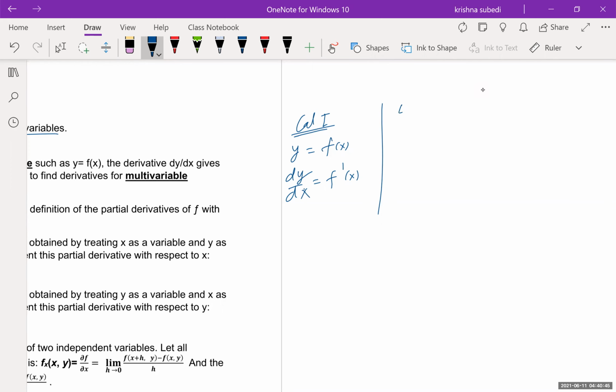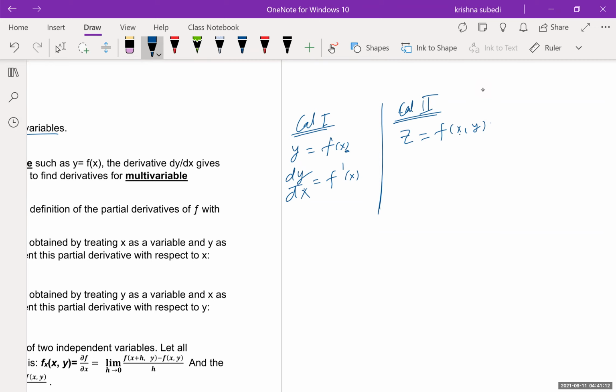Now in calculus 2, if we are given a function of two variables, for example, let's say z equals a function of x and y, then the issue here is that there are two independent variables, x and y.